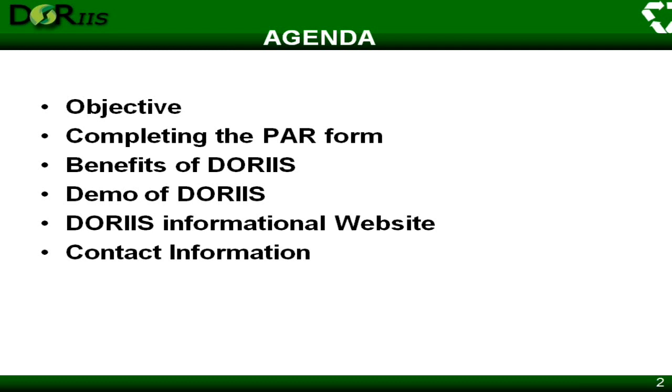I'm also going to go through amending reports and also reporting a distributor report. Then I'll show you a website. It's our regular website where you can find more information on DORIIS and some of the forms, and we're looking to have this webinar actually posted on the website too. And then I'll provide you with contact information for us once we get DORIIS going, if you have any questions after the webinar also.